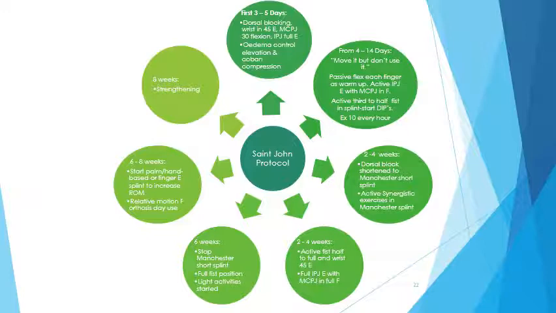At 6 weeks, stop the Manchester short splint. Full fist position is worked to. Light activities are started. From week 6 to week 8, the short palm or hand-based finger extension splint can be made and applied to increase the range of motion if there is a limited extension ROM.